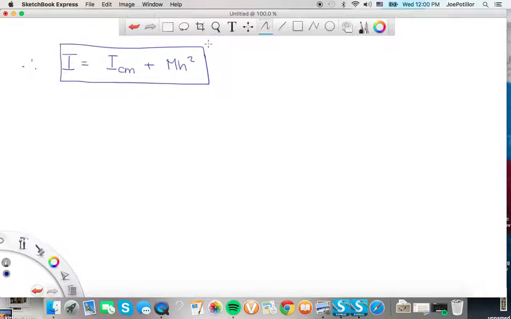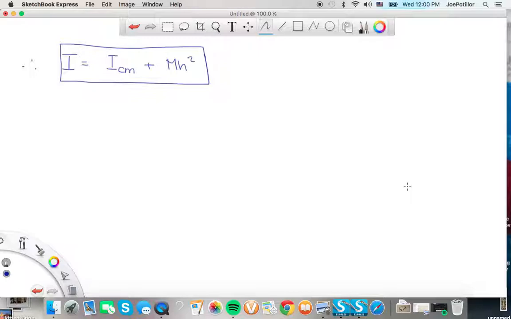Now, that formula allows us to save work without having to do much integration. I can figure out a moment of inertia anywhere along a particular axis without having to do all the integrations. That's what this parallel axis theorem allows us to do.